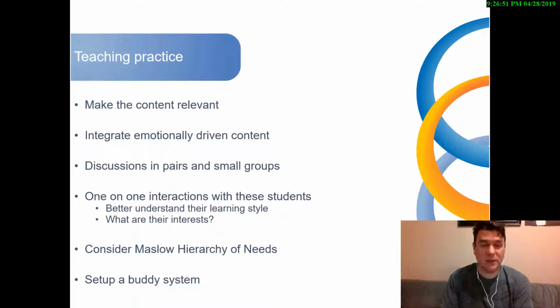The other thing is setting up a buddy system, which I would look at doing in future classes that I teach. I had one international student who was quite absent, on their phone quite often, and from talking to the student, part of the challenge is the time difference.